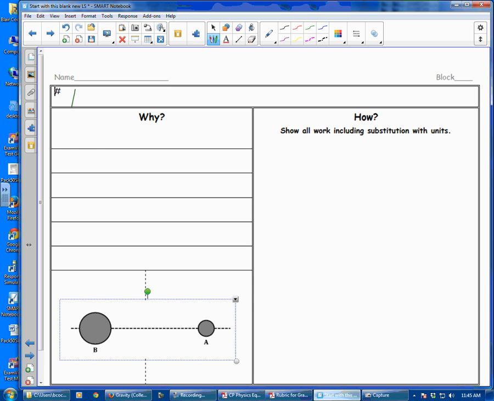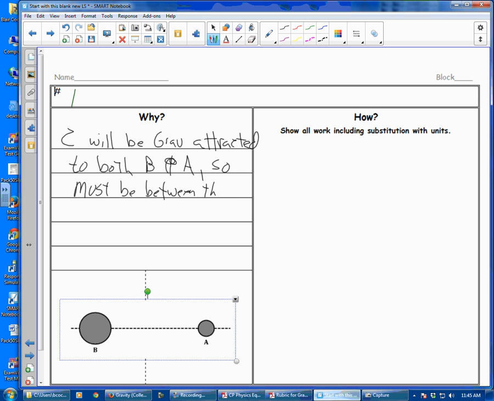So I would put something like maybe C will be gravitationally attracted to both B and A, so must be between them so forces can cancel out.